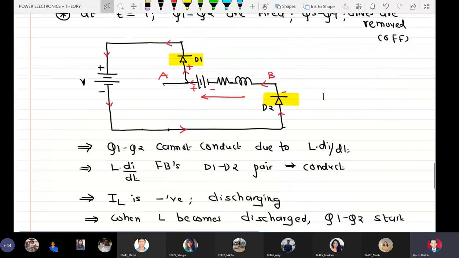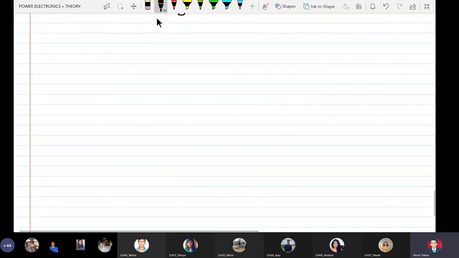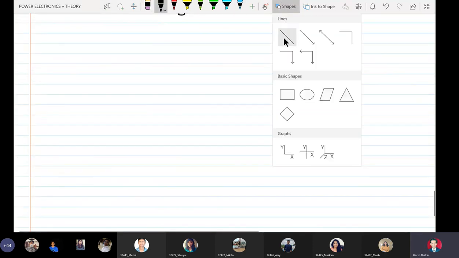Now directly we are going to draw only the load voltage and the load current waveforms. Okay, see now how it is.